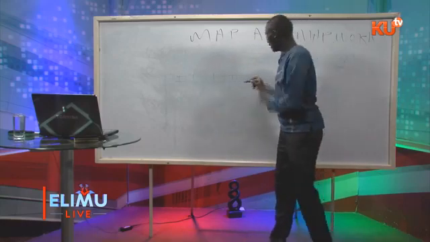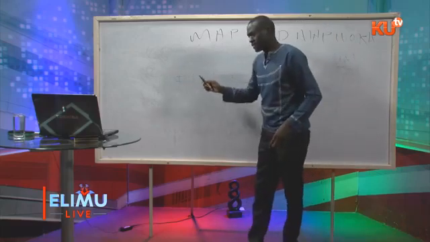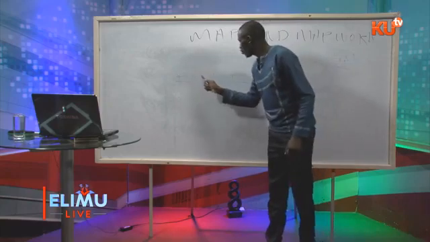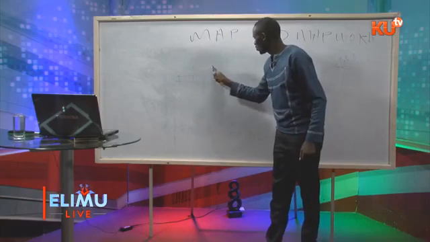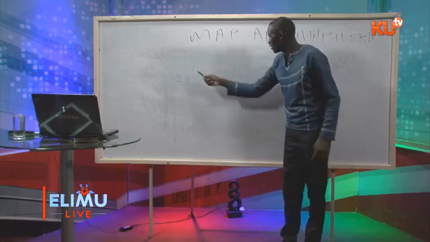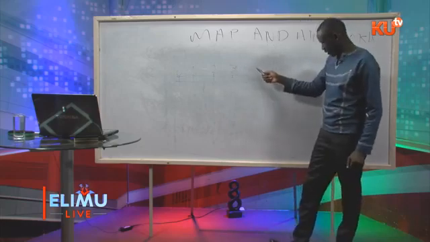Normally it is expressed in kilometers, and it starts with 0. Then you go to 1, 2, 3, and then 4. So this is 1 kilometer, second kilometer, third kilometer, and fourth kilometer.